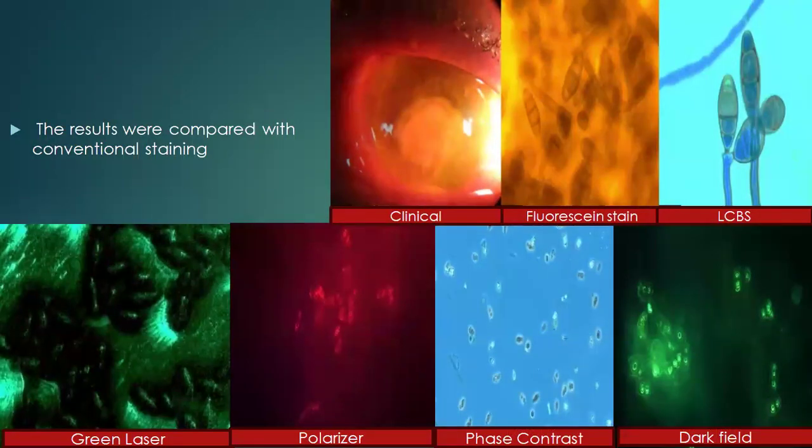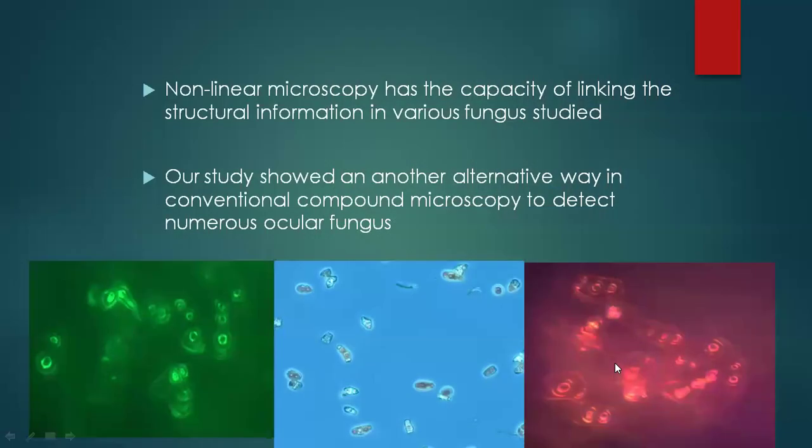See this beautiful clinical case with fluorescein in vivo stain, fluorescein in vitro stain, and lactophenol cotton blue stain, with the green laser showing the Curvularia, the polarizer picking up the Curvularia, phase contrast, these are all unstained, and dark field picked up the Curvularia.